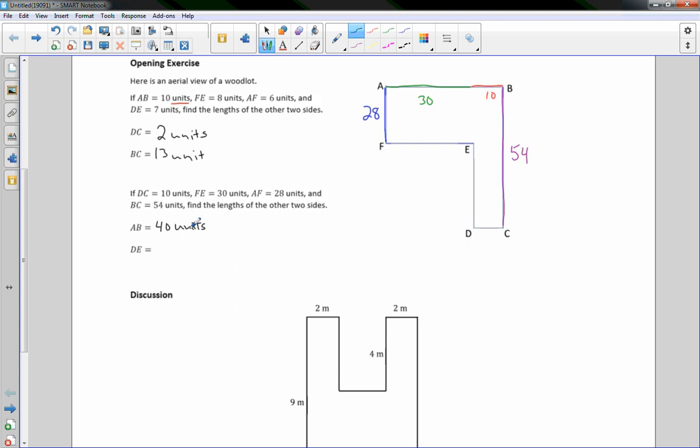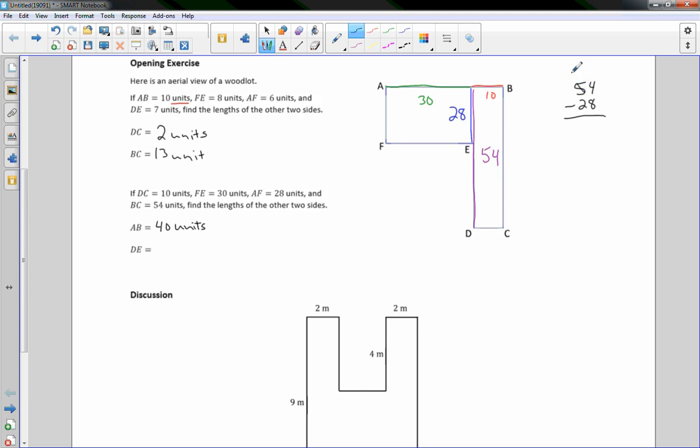Okay, and now we're looking for DE. DE is right here. Now keep in mind that if I move this over to here, that whole distance is 54. This whole distance here is 28. So in order to find out what this piece is here, it's 28 plus something equals 54, or the total. 54 minus 28 is going to equal ED.